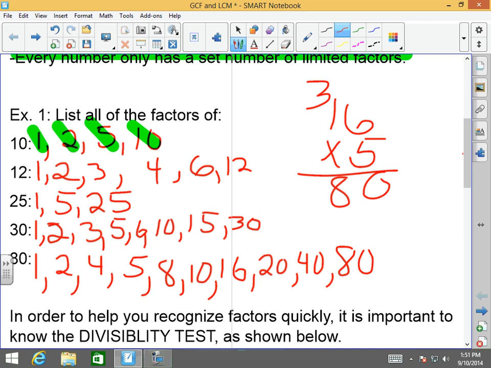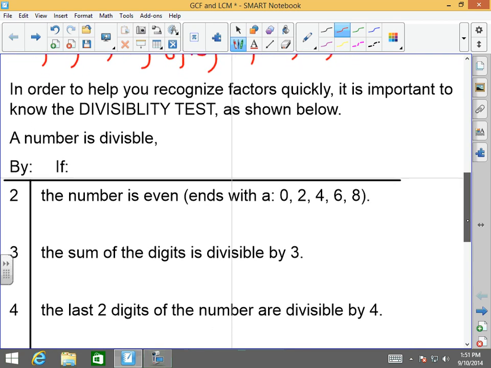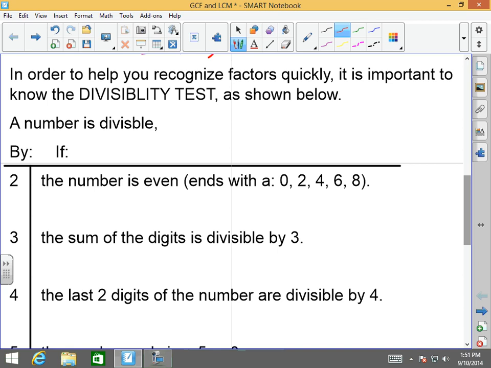to help you out here, you can look at just about any number and find out if a number goes into that number by using what's called the divisibility test. In order to help you recognize factors quickly, it is important to know the divisibility test as shown below.